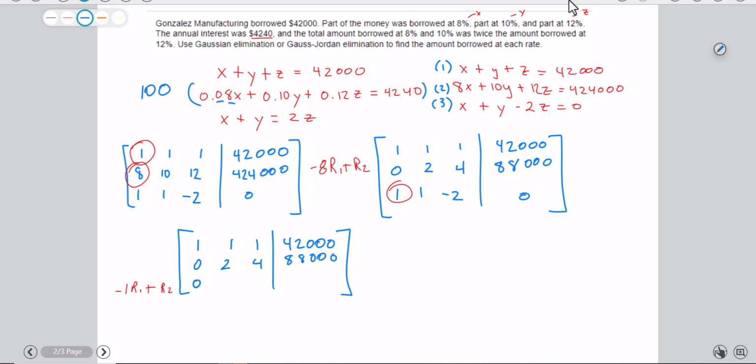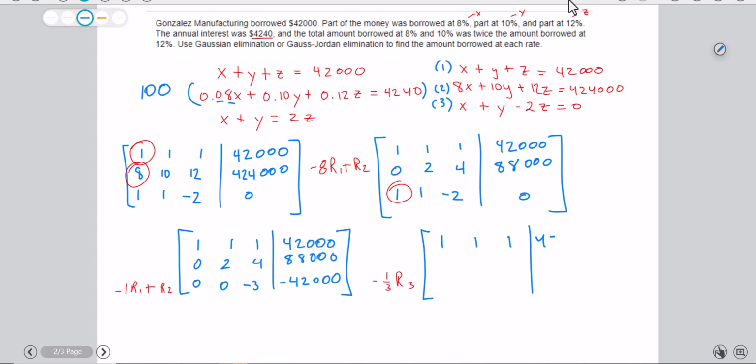Negative 1 plus 1, 0. Negative 1 plus negative 2, negative 3. And then negative 42,000 plus 0, so negative 42,000.